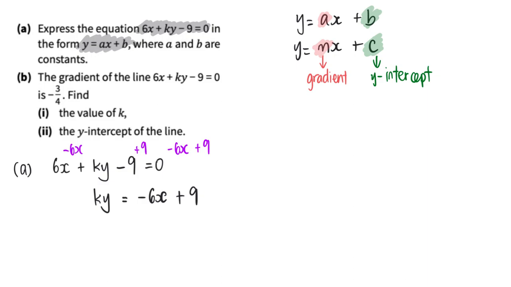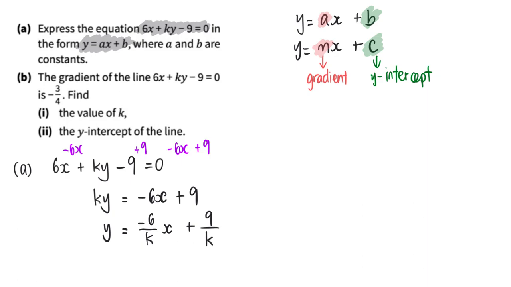Next, I will have to divide by k, so that I will have negative 6 divided by kx. Not forgetting the 9 also must divide by k.